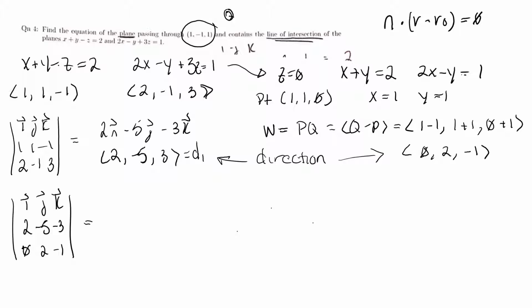This gives us 11i + 2j + 4k, or the vector (11, 2, 4). We can use this as our normal vector, and we can use the point that we found on the intersection line as r naught.